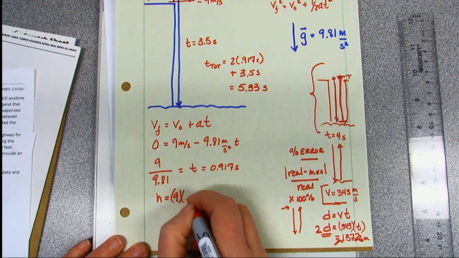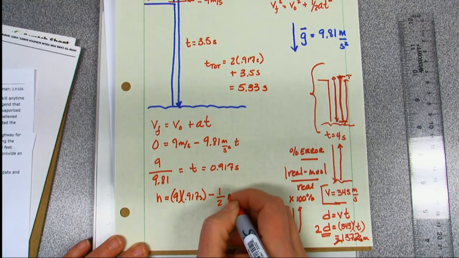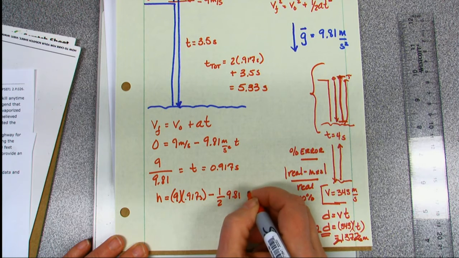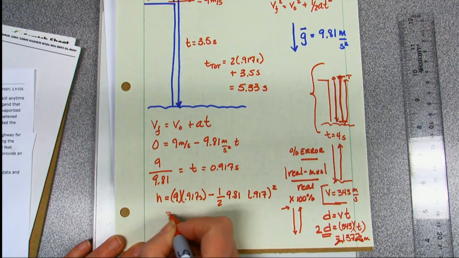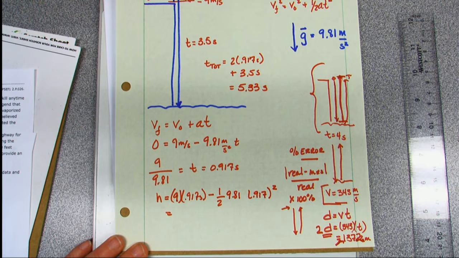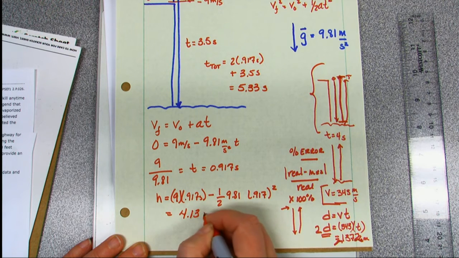We found that it was 0.917 seconds, minus 1/2 times 9.81 times 0.917 squared. That gives me 4.13 meters.